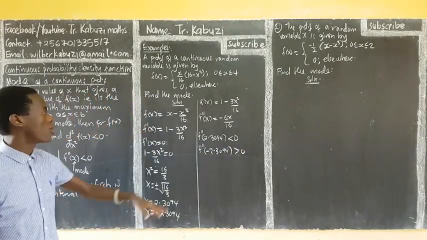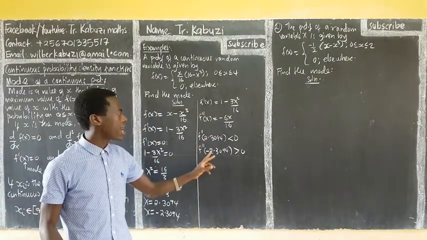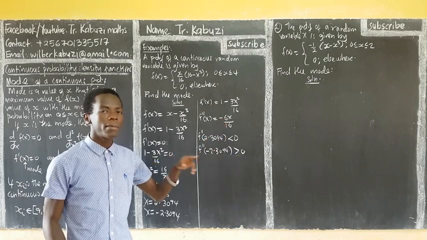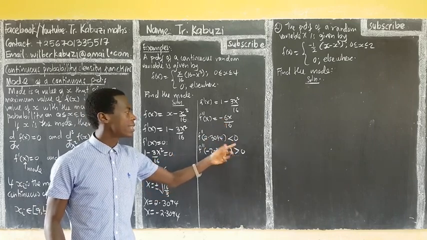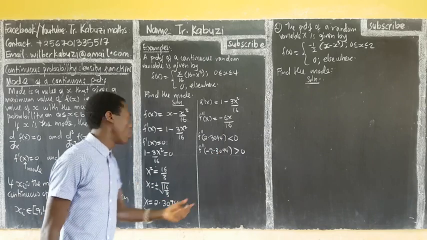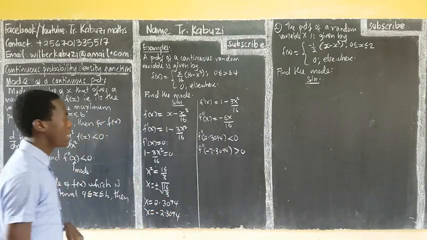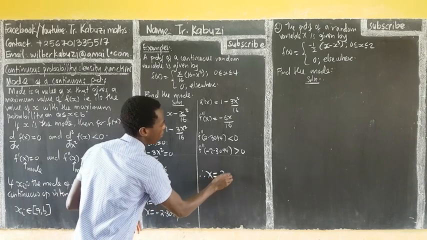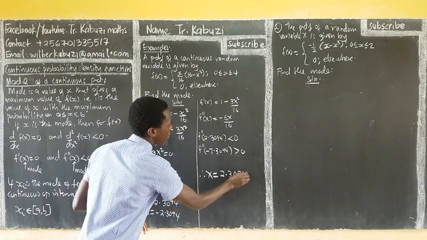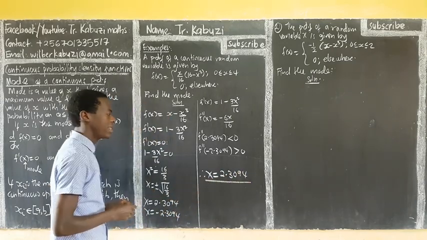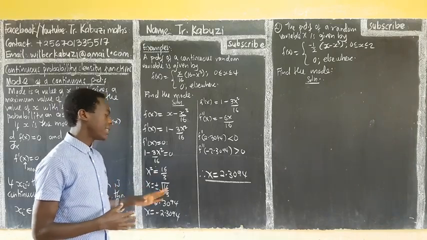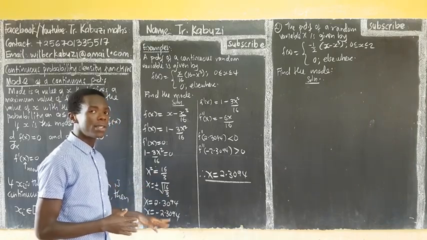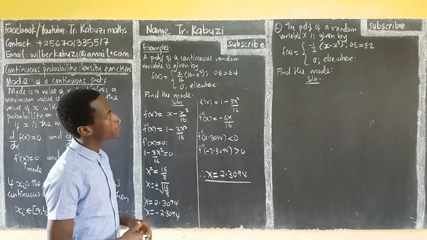In simple terms, it's going to be positive, because we multiply a negative by a negative to give a positive. The value that gives a negative second derivative is what will be our mode. So therefore, our x is going to be 2.3094, as simple as that. Or else, use the second derivative test to check which value is going to be the mode.